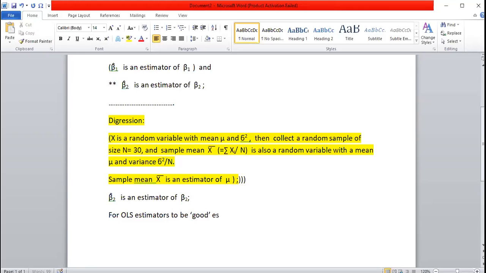So beta 2 hat is an estimator of beta 2, and beta 1 hat is an estimator of beta 1. For them to be good estimators, the following assumptions need to be satisfied.